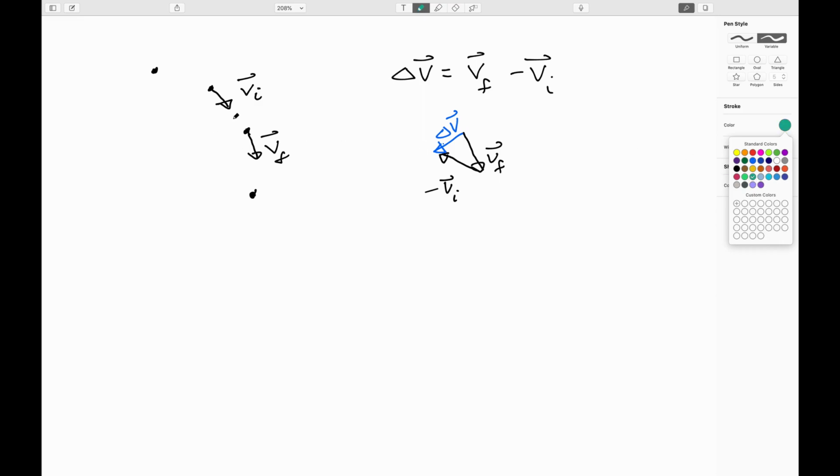So the acceleration in this case is pointing right into the center of the circle when we're going at constant speed. So we'll do more with that later. For now, we'll just constrain ourselves to just one-dimensional motion.